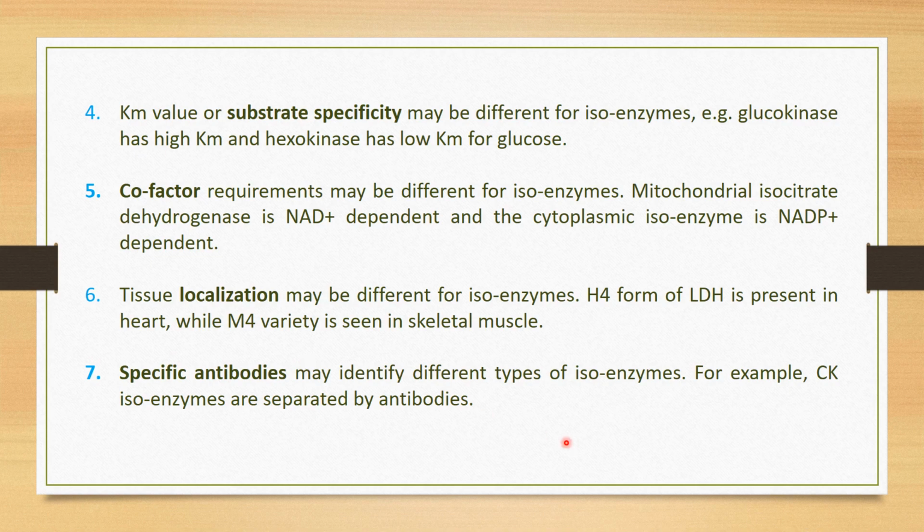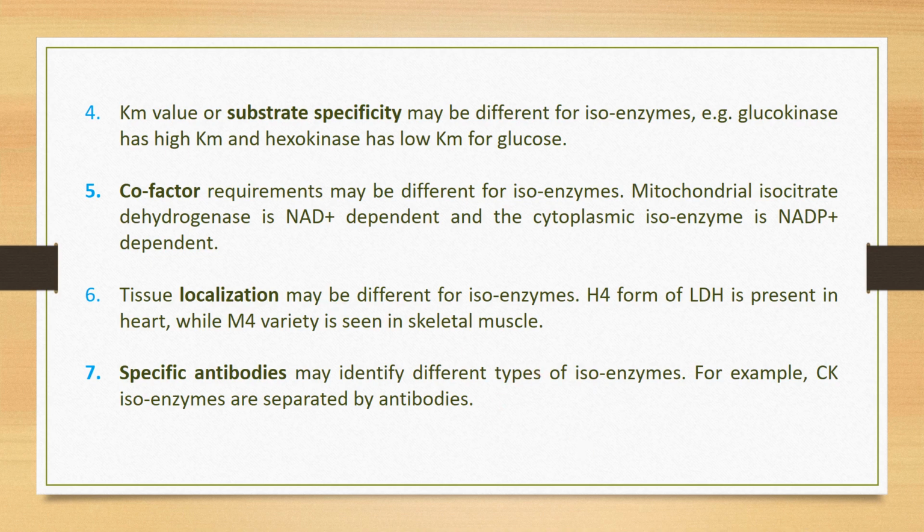So, for lab identification, we can use electrophoresis, heat stability or heat denaturation, inhibitors, the Km value, and specific antibodies. And for core research or analytical purposes, they can also be separated or identified by the use of cofactors and their tissue localization.